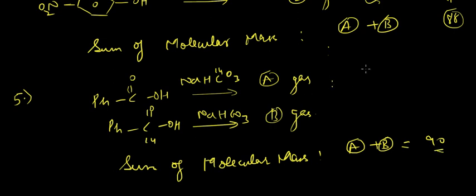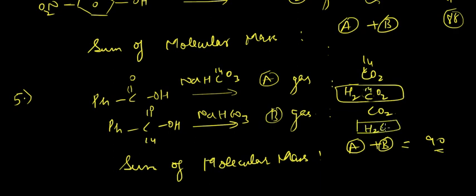How? A gas would obviously be CO2, in which it is 14CO2, and in the other case we'll be getting H2CO3 and CO2 would be evolved. Okay, so 90 would be the answer.